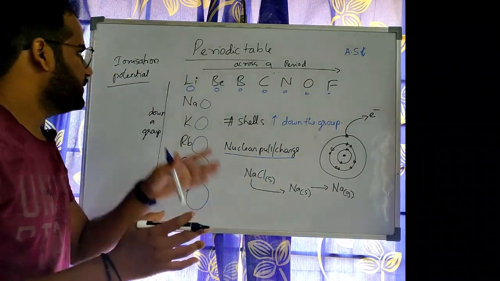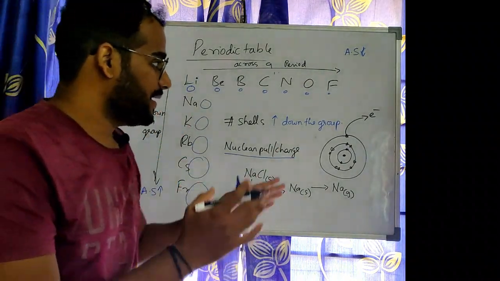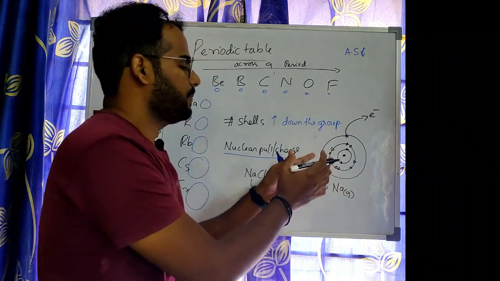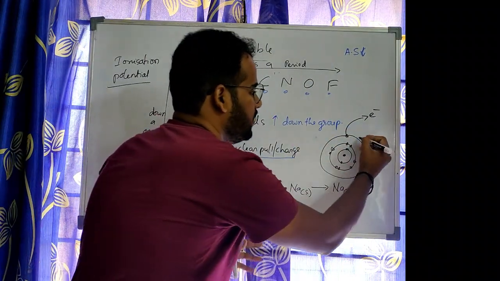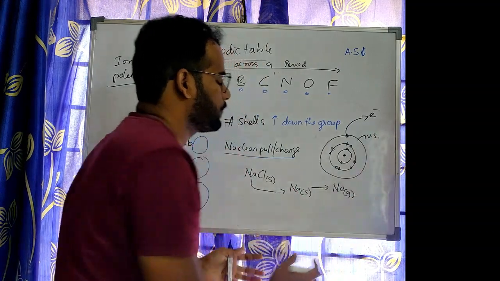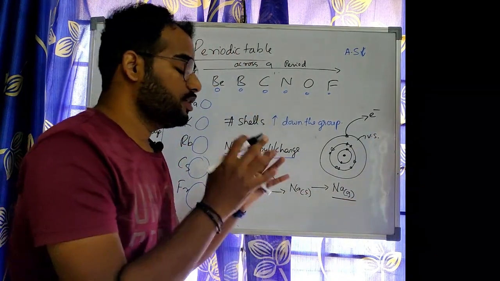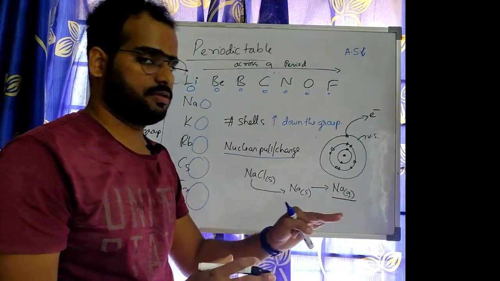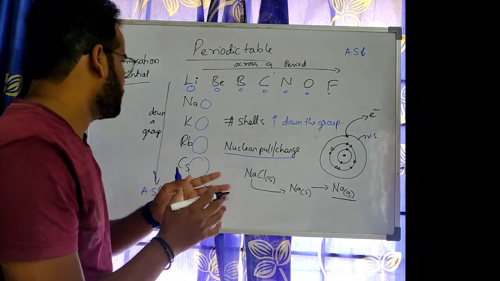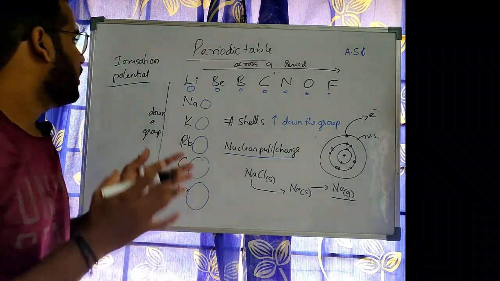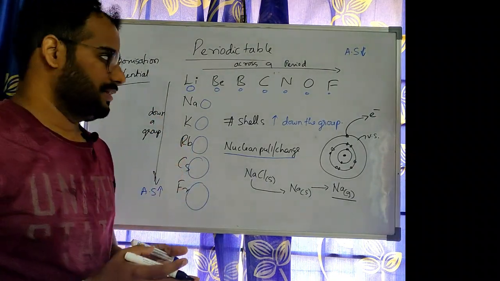So if you define ionization potential, it is the energy required to remove an electron from the valence shell of an isolated gaseous neutral atom. It is not charged, a neutral atom. That is called ionization potential, ionization energy, ionization enthalpy.